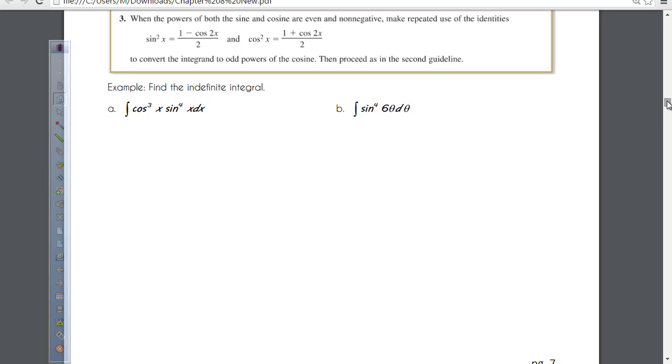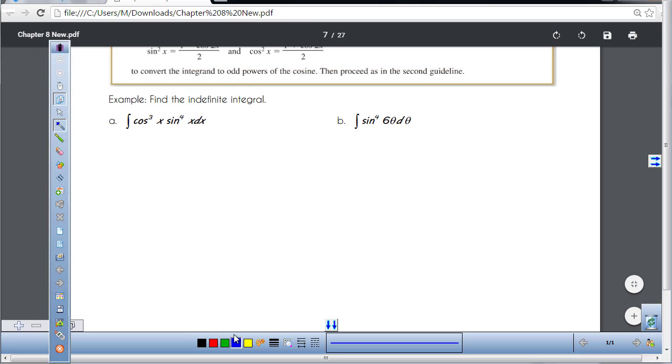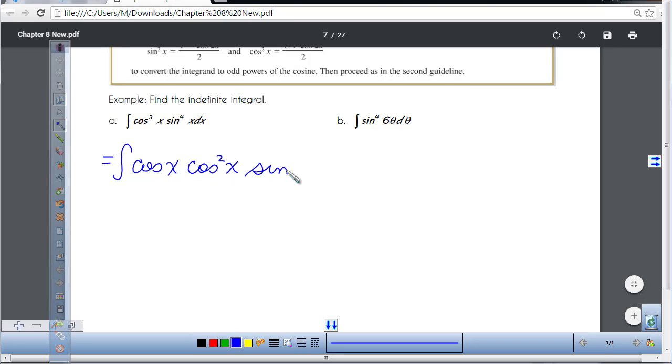It says find the indefinite integral, and we've got cosine cubed x sine fourth x dx. Since I've got an odd number of cosines, I'm going to hold one of those to the side. So I've got the integral of cosine x, and that leaves me with cosine squared x and sine x to the fourth power dx.